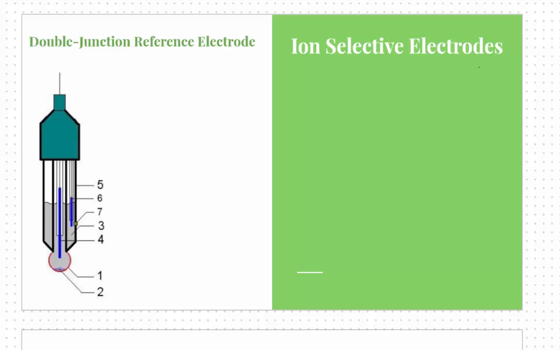So the ion selective electrode will have some sort of a hydrophobic membrane, and that will allow that selective transfer of ions to occur. And that creates what's called an ion exchange. So these electrodes work similar to the way that the cell membranes in your body transfer ions into and out of cells.